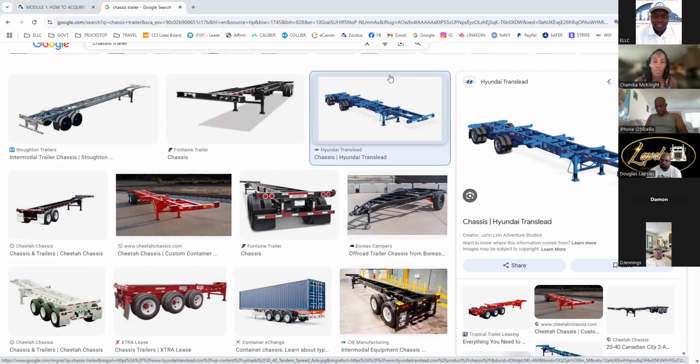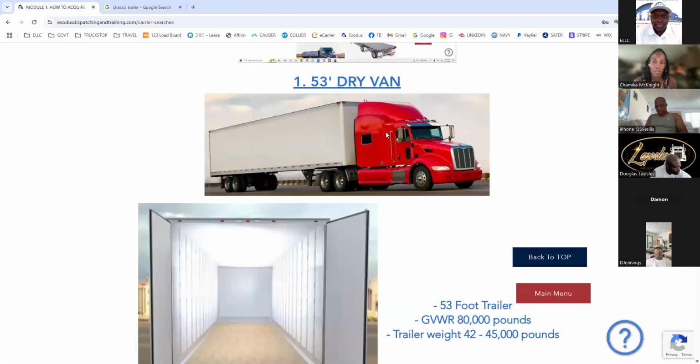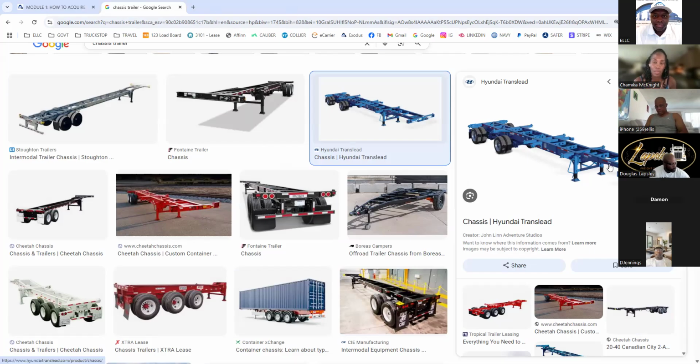So if your guy, Shamika, is trying to do the ports with the chassis, he has his own power unit. He just needs a chassis trailer in order to be able to access the ports to grab a container. Am I sounding right? Yes, yes.